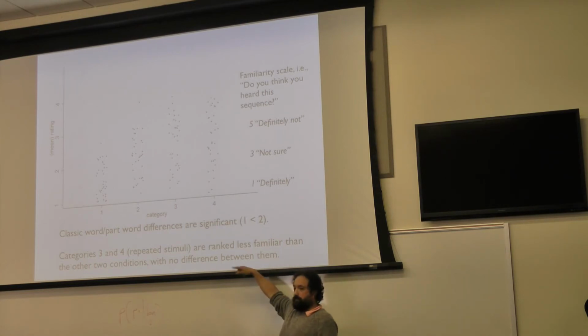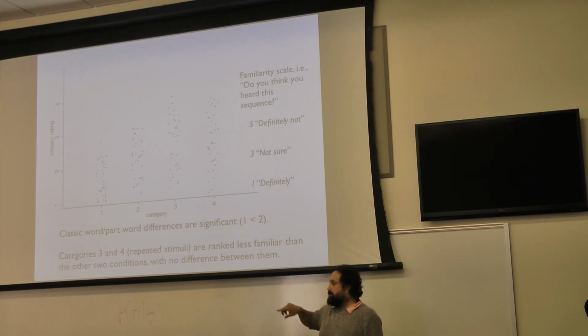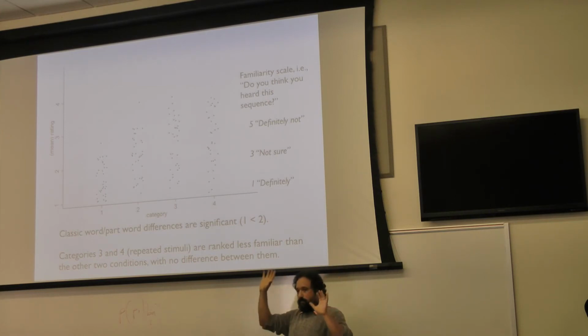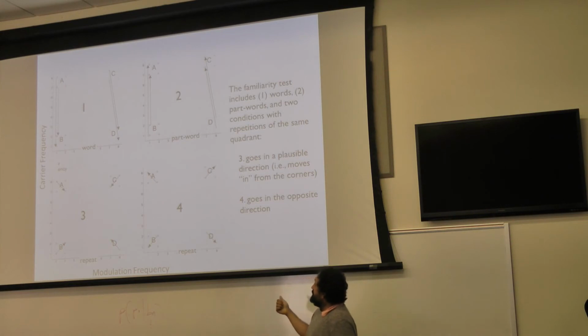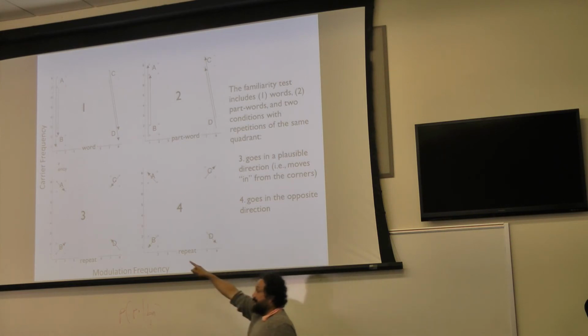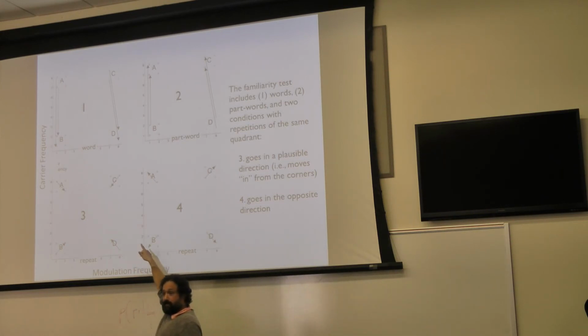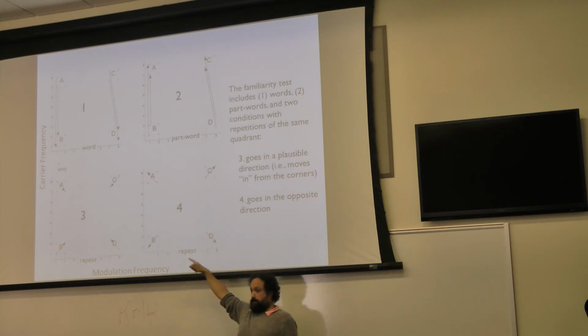And those 2 non-word conditions are equally bad. So we're still in the domain where you can separate these corners out from one another, and you can just label those corners A, B, C, and D. You can explain all the results by saying, well, I've heard A, B's, I've heard B, A's, I've never heard an AA. And so these 2 conditions are equally poor.